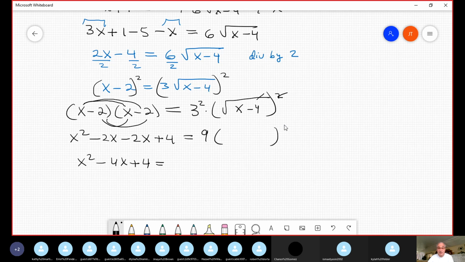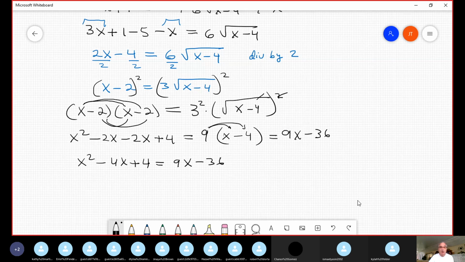You keep this parenthesis. Because if you write without parentheses, look what happens. Suppose you make this mistake, x minus 4 with no parentheses. Then I suppose that this 9 multiplies only x. This is incorrect. So the parenthesis is super important. So it's 9 times x minus 4. If you want, you apply the distributive property here: 9x minus 36. Can you copy that?